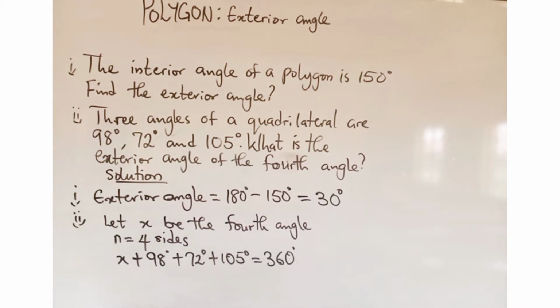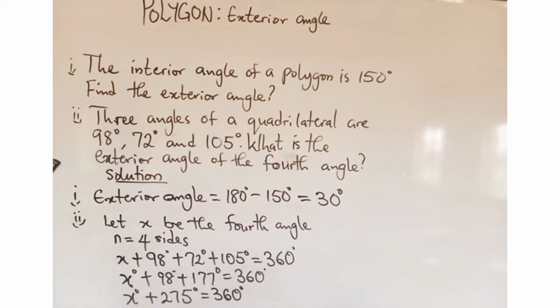So we add up these values: 98 plus 72 gives us 170, plus 105 gives 275 degrees. So we have x degrees plus 275 degrees equals 360 degrees.